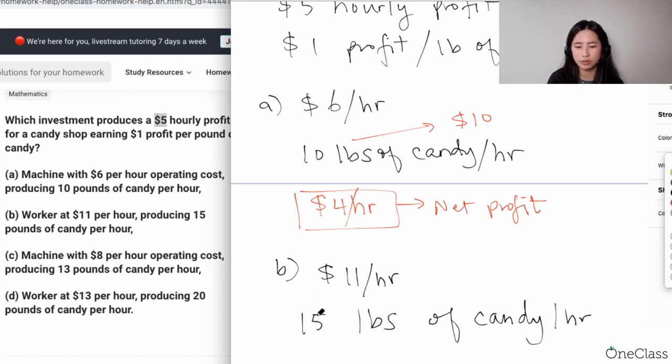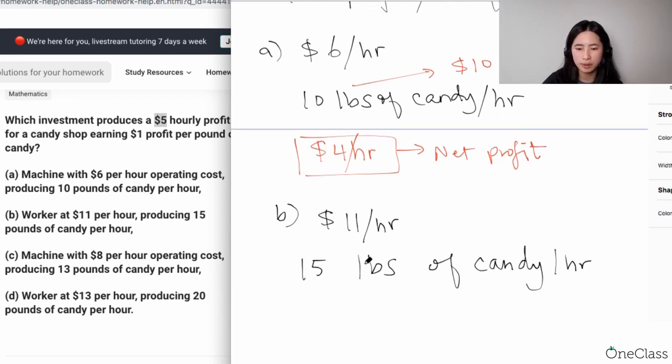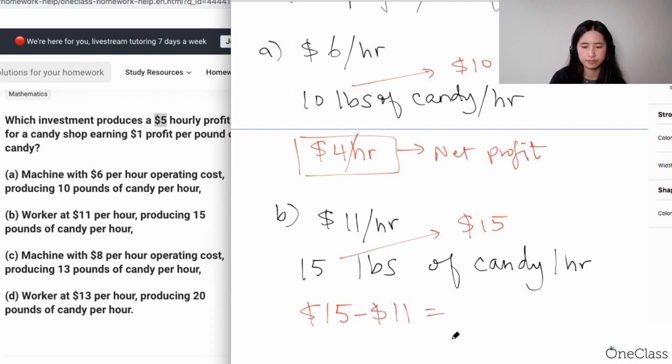Well, you just have to multiply this by 1. So this is 15. We take 15 minus $11, so you should be getting $4 per hour as well. So that's your net profit.